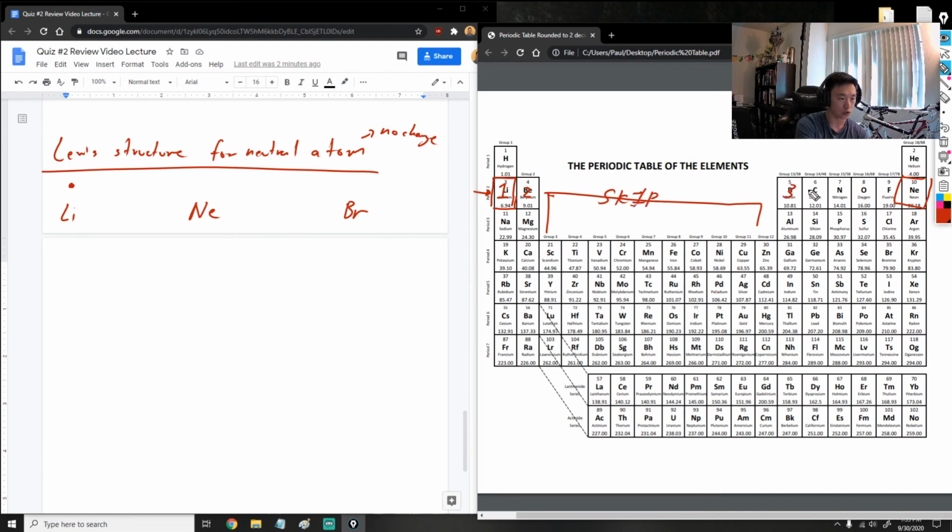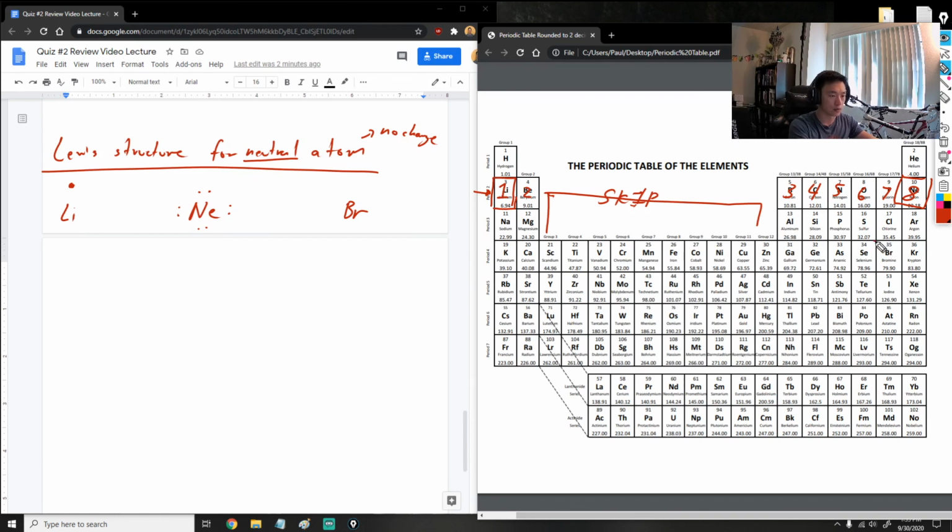We have box 3, 4, 5, 6, 7, and it looks like neon is box number 8. So since it's box number 8, we just draw 8 valence electrons. Super easy. If they're neutral, all you need to do is count boxes.